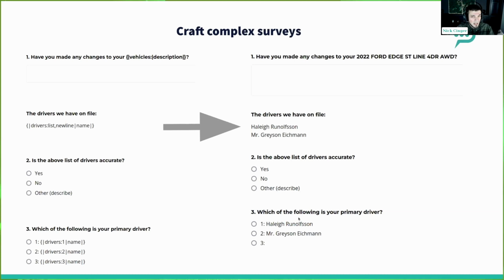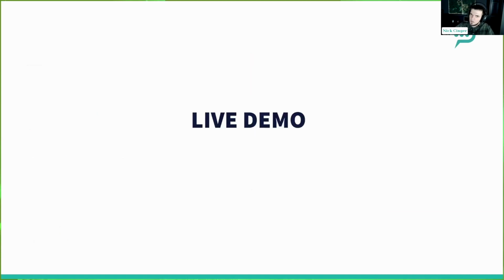You probably have a better example in mind, but just as an idea, which of the following is the primary driver of this vehicle, etc. List them out, and they can submit this in the survey. You can even have an other option if you need to. So everything else that we already have with our surveys. Okay, we're good for time so far. Let's dive into the live demo.